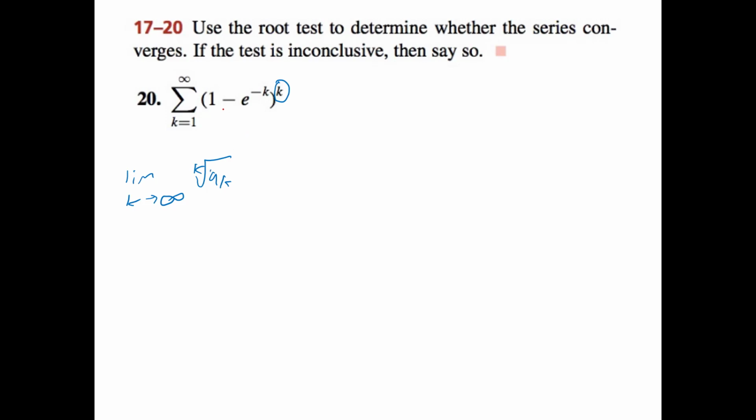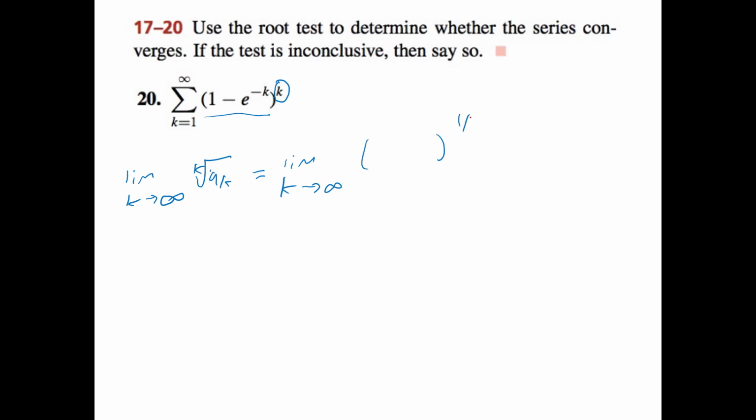Now notice here that these are going to be eventually positive because e to the negative k decreases and gets closer and closer to 0. So that's going to eventually be positive, so I'm not going to use the absolute values. Actually, starting at 1, it's positive. So those are always positive. Then this becomes the limit as k goes off to infinity of the kth root.